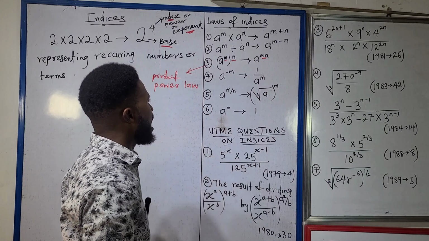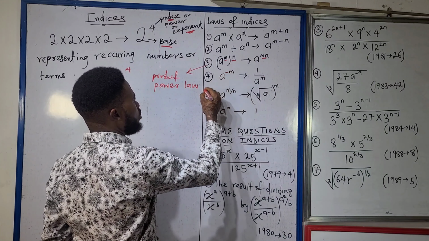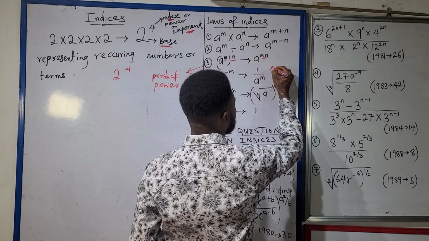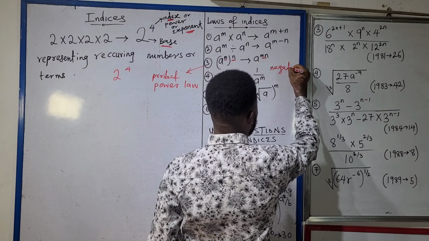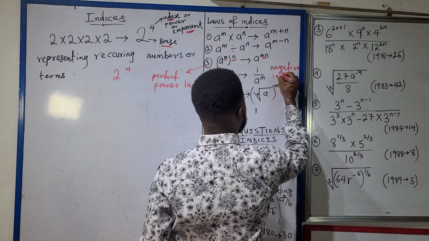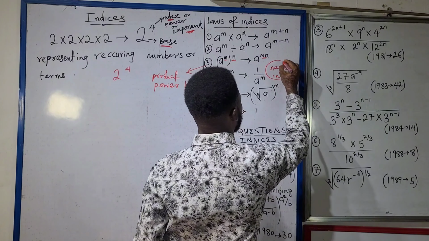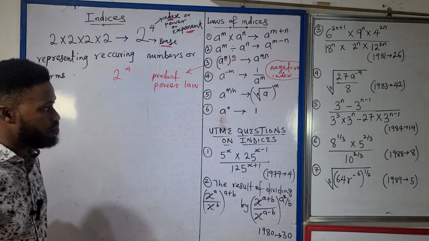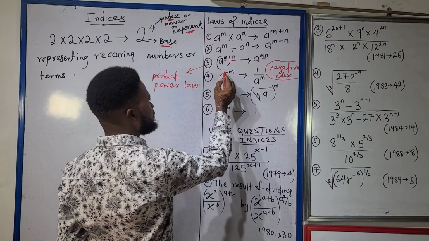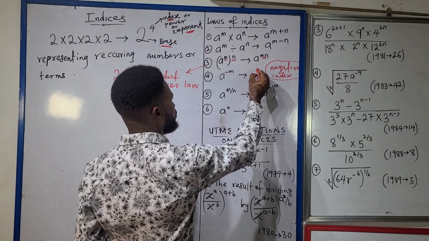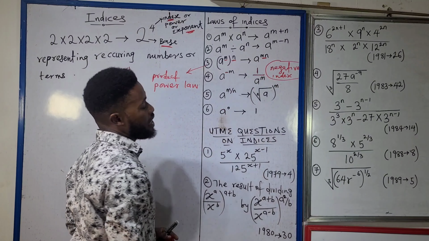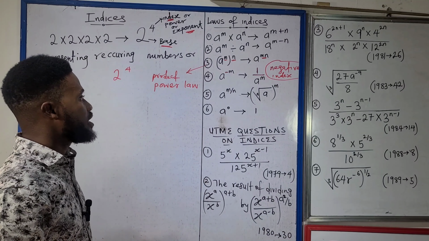And of course, the fourth law talks about negative index. When you have a negative power, the negative power is going to give you the inverse, that's 1 over a raised to power m.